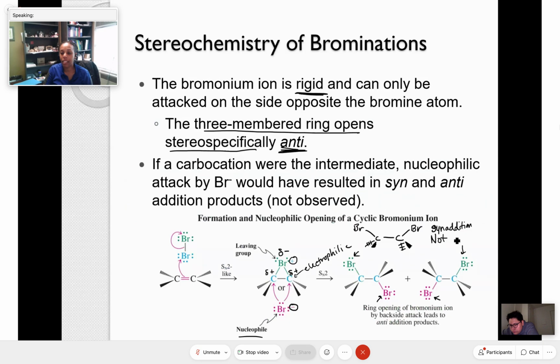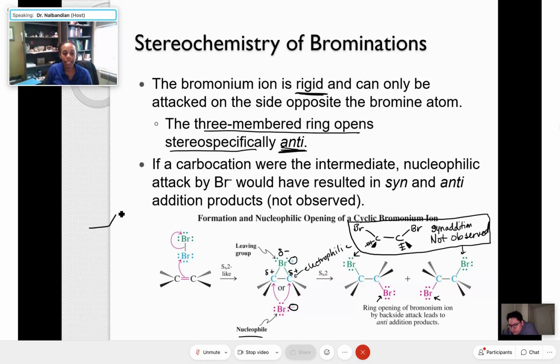But this is not observed. The syn addition product is not observed. We only see the anti-addition product. So we know we have to have the bromonium ion.